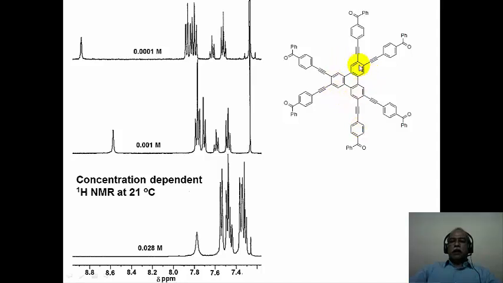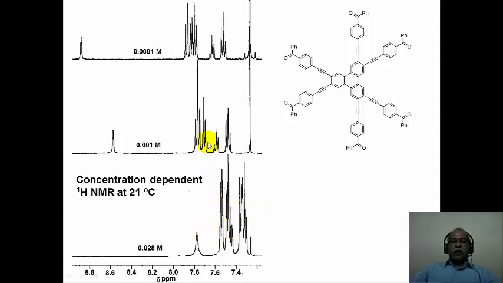This molecule undergoes aggregation in solution when the spectrum is measured in a solvent which is CDCl3. It is concentration dependent, as you can see in the spectrum, for example, going from 0.028 molar concentration to 0.0001 molar concentration.